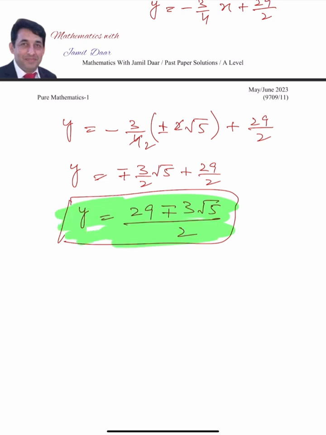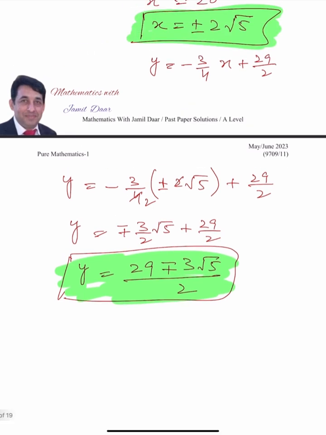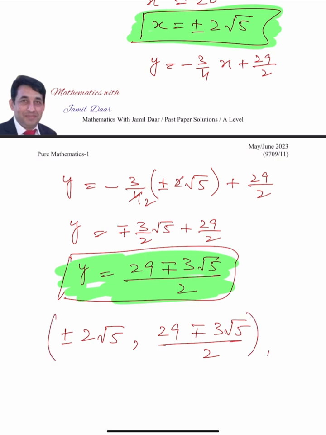Okay, the whole coordinate is plus minus 2 square root of 5 and 29 over 2 minus plus 3 over 2 square root of 5. This is your answer.